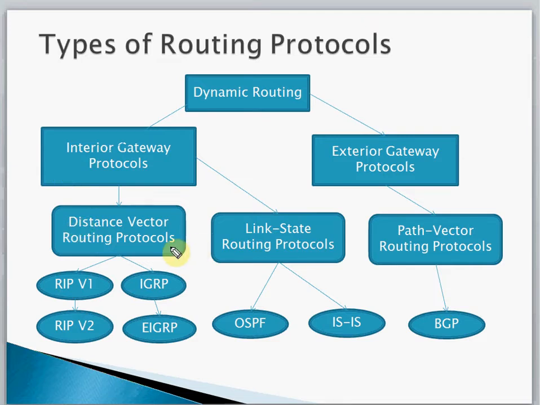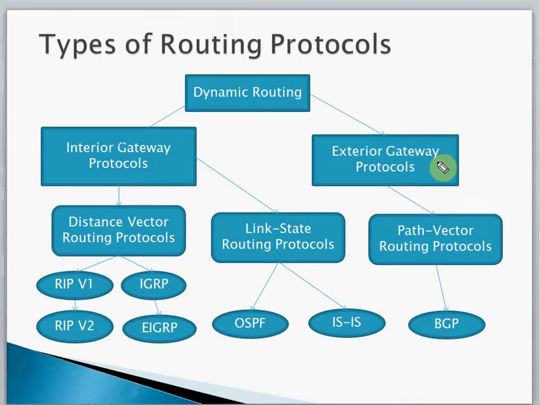The interior gateway protocol is a routing protocol used within an autonomous system, meaning, for example, within our organization or within our company we will use the interior gateway protocol. Whereas the exterior gateway protocol we use for routing between two different autonomous systems, meaning two different enterprises or two different companies.